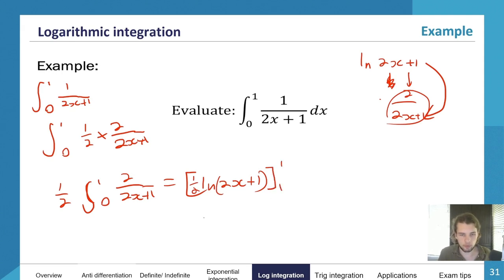So with limits 1 to 0, that means we have 1 over 2 ln(2 plus 1) minus 1 over 2 ln 1, because our 2x becomes 0.